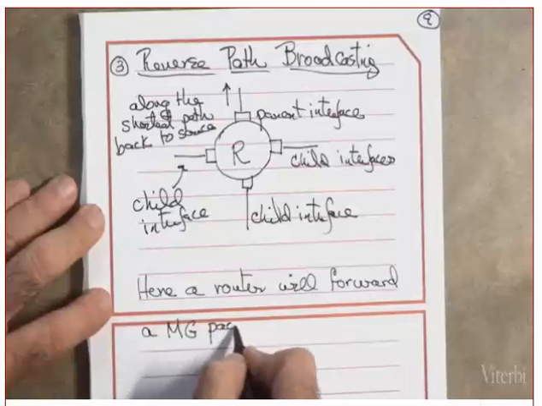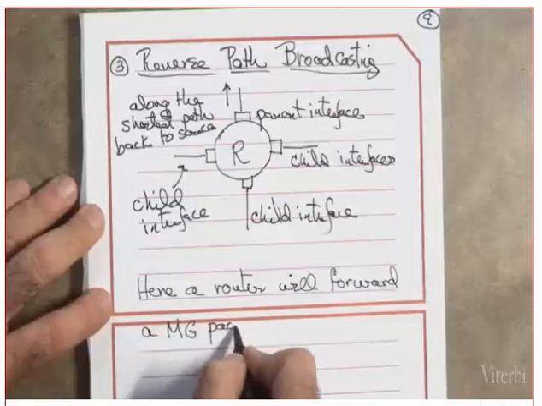How about this one? He received the packet from here. Will he send it here? Let's put numbers: R4, R5, R6. What is the next hop router from R5 back to the source?